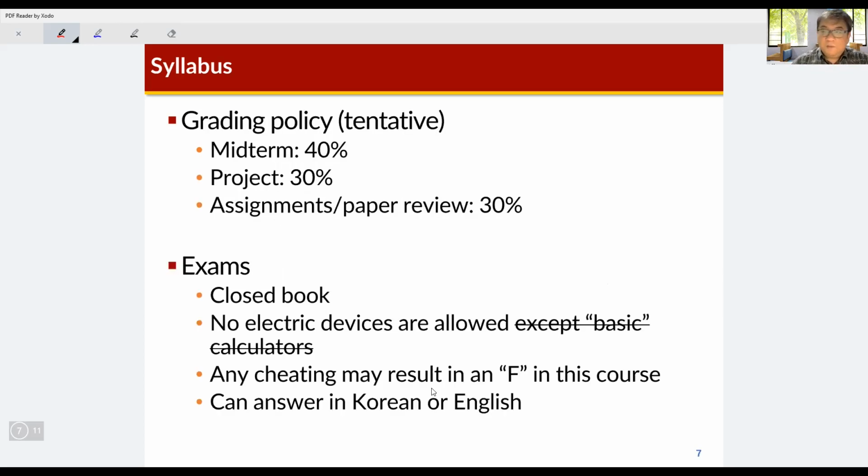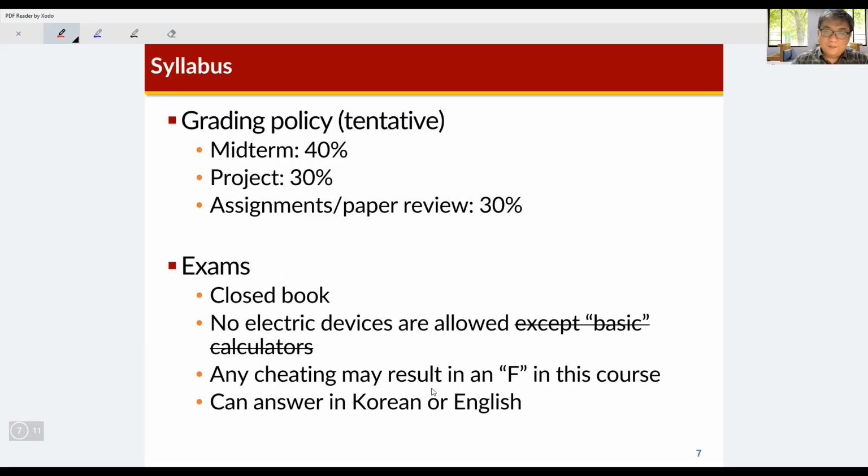And then the grading policy is tentative, it's not fixed yet. We plan to take a midterm exam, and maybe there can be a project or some assignments.